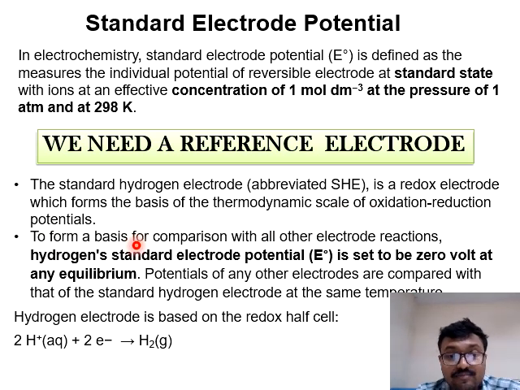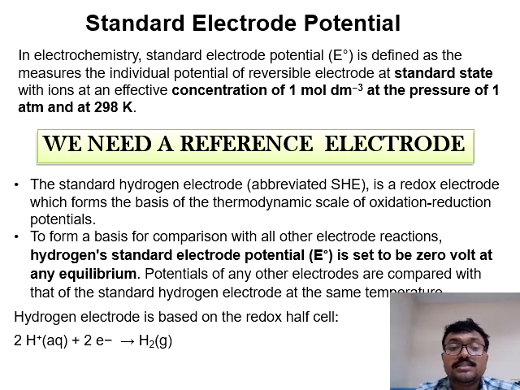To form a basis for comparison with other electrode reactions, the standard hydrogen electrode potential is considered as 0. So hydrogen is considered as 0. Now we have to calculate the electrode potential in comparison with hydrogen.